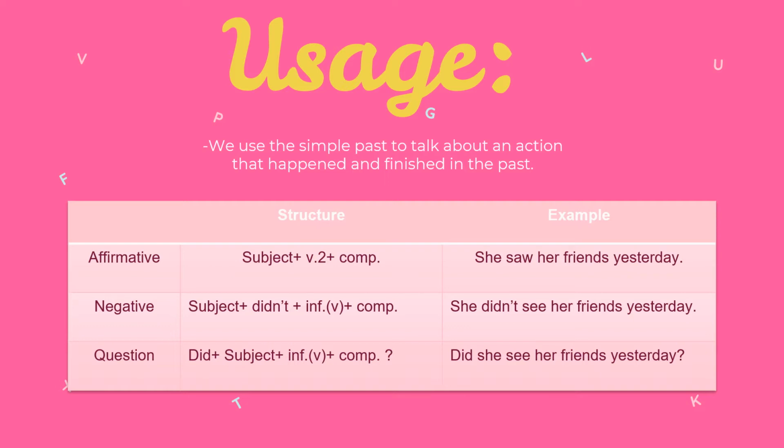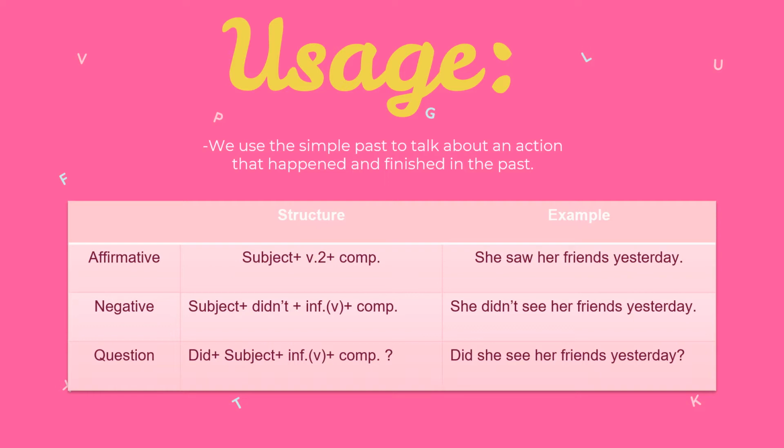So the question is going to start with did, followed by the subject with the infinitive form of the verb and the complement. And pay attention again, we are using the infinitive form of the verb because we are using did. So the question will be: did she see her friends yesterday?